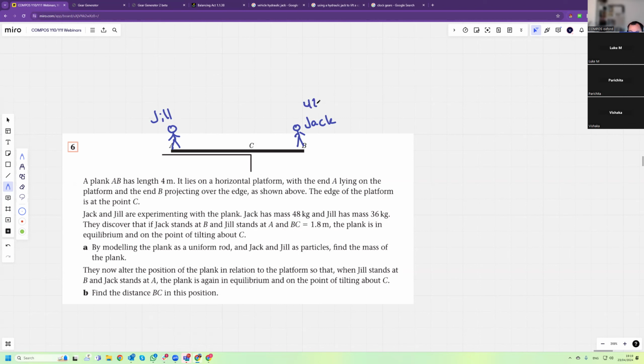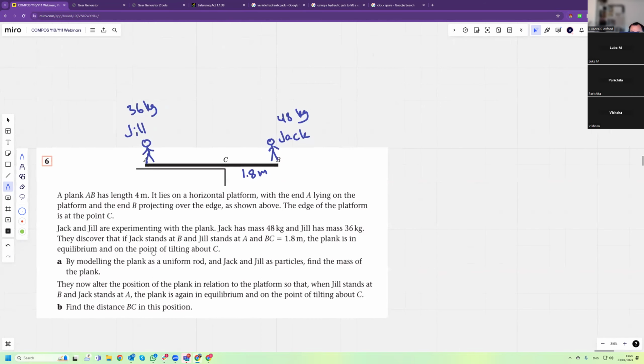Jack is 48 kilograms and Jill is 36 kilograms. Jack stands at B and BC is 1.8 meters. And then the plank is in equilibrium and on the point of tilting.